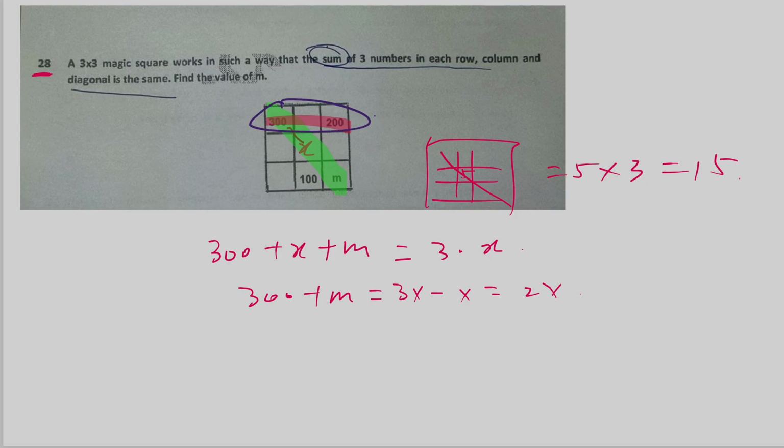So over here should be 3x. Therefore, your middle number for this should be 3x minus 500.